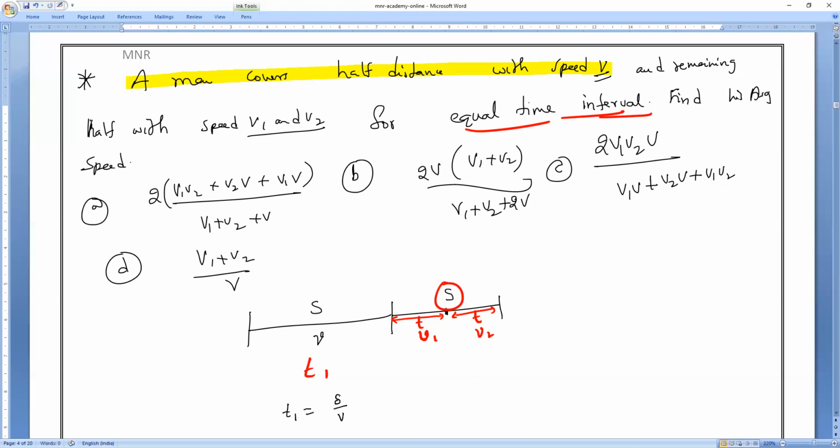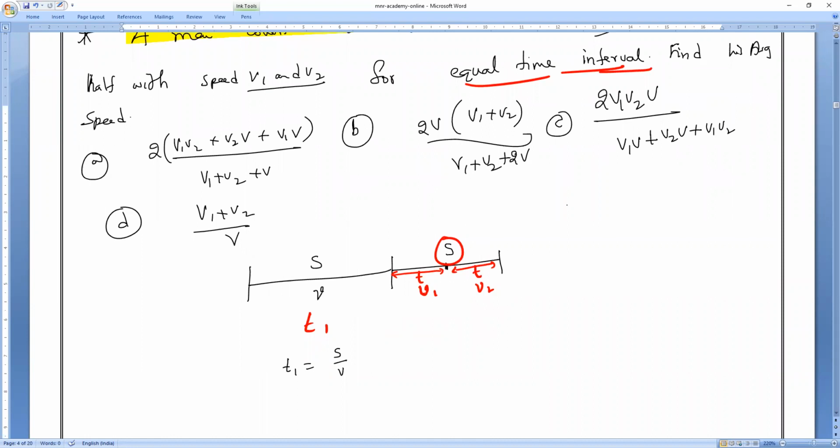So t1 is equal to s by v. Yes or no? Because the average speed formula is total distance divided by total time, so I found the time. Now, what is the total distance in the second half? It is s, but s is not the same: v1 into t plus v2 into t. Is it right or wrong?